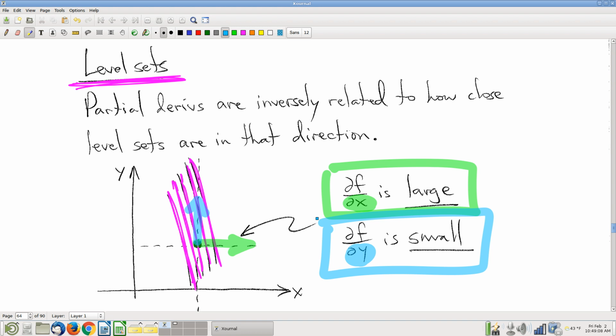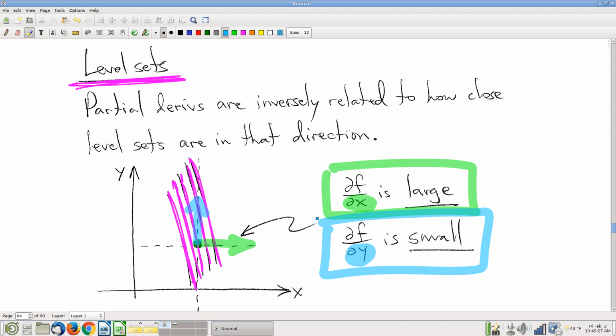I'm going slightly uphill, I suppose, but nowhere near as much as there. So here, there's much less change. So the y partial, as you're moving in the y direction, has lower output change per unit input change.